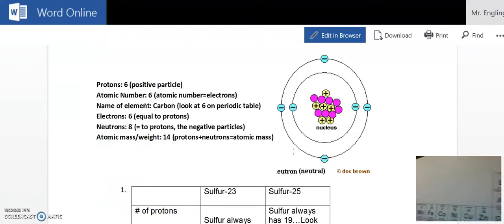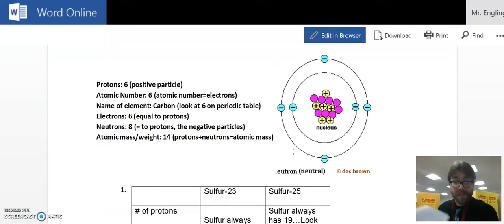If I can show you guys here, there we go. Carbon has this 6 on top. Since carbon has this 6 on top, its atomic number is 6. That means this element is carbon.